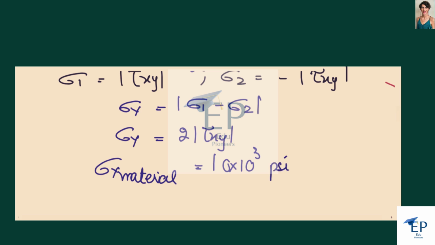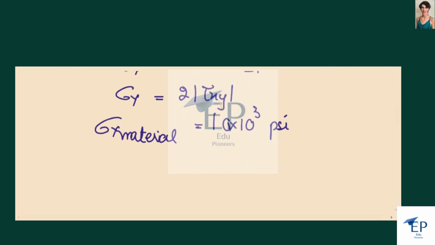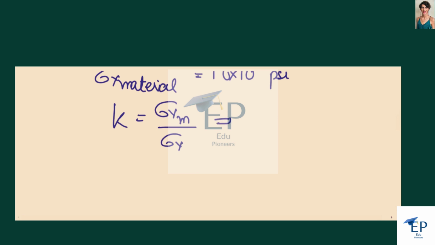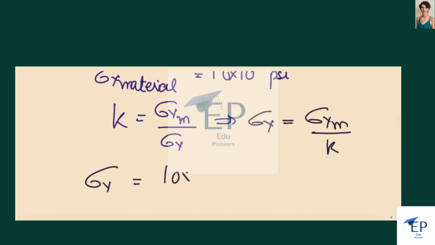So what we're going to do is that the coefficient of safety, or the factor of safety, let's call it K, is equal to the yield stress of the material divided by the yield stress that we just calculated. We need to find the allowable yield stress, so rearrange it. This becomes the yield stress equal to the yield stress of the material divided by K. Substitute the values and we get 10 times 10 raised to power 3 divided by 2.5, and that is equal to 4 times 10 raised to power 3 psi, right?